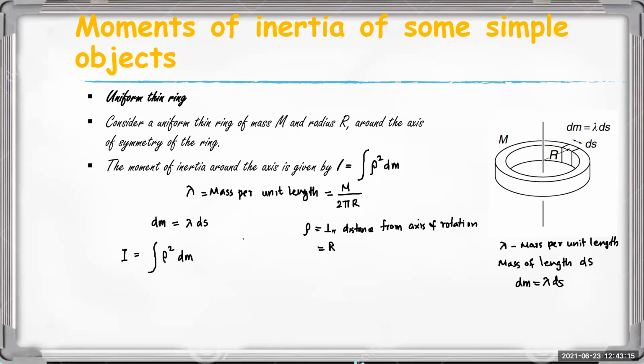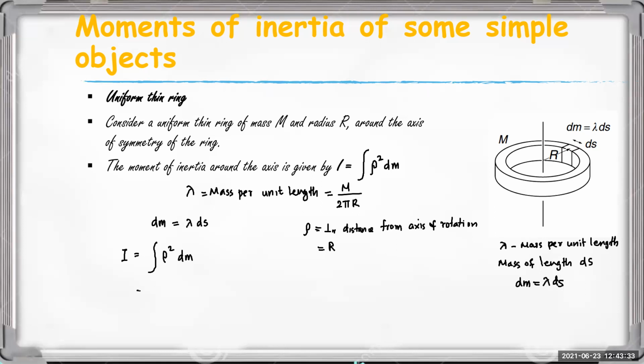Then we have to integrate. Here our aim is to obtain the moment of inertia of the ring. So we have to integrate over the total circumference.